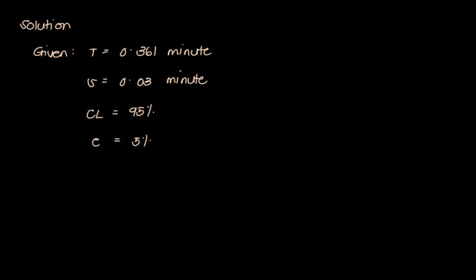Now, we need to know what is the corresponding Z value at a given confidence level of 95%, and that is 1.96. Now, for our solution, again, we will be just plugging in the information in our formula that was shown earlier.